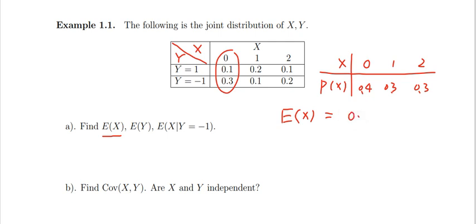For x equal 0 to happen, we have two cases, y equal 1, so it's 0.1, plus 0.3, right? Or x equal 1, so what is the probability that this happens? We also have two cases, right? So these are two different ways, exactly the same thing.